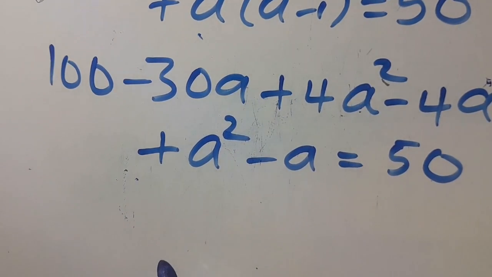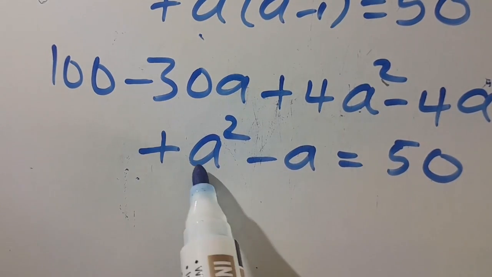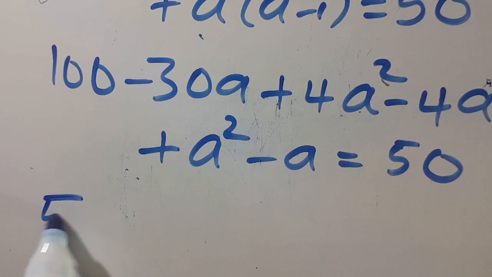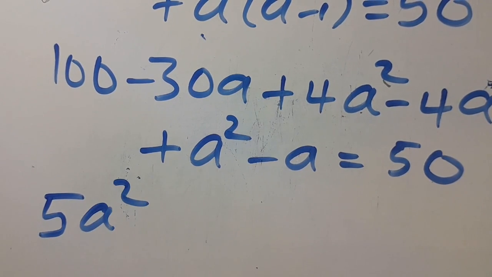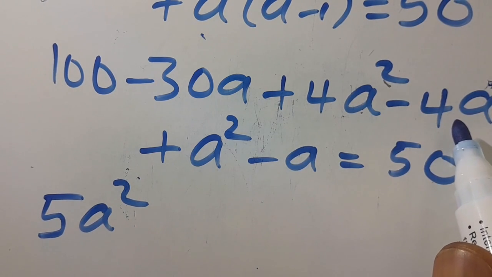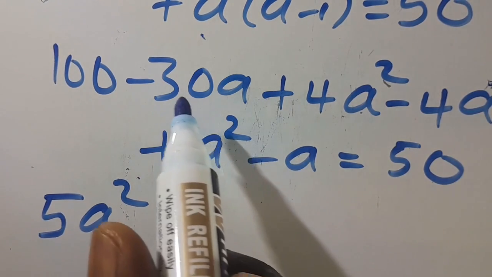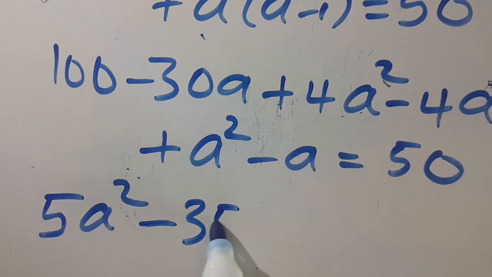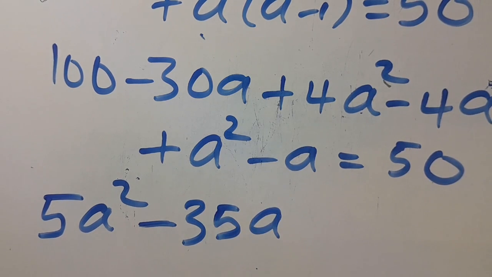Then from here, let's do everything together. A squared plus a squared, we have 5a squared. Then minus a minus 4a will give us minus 5a. Then minus 30a will give us minus 35a.